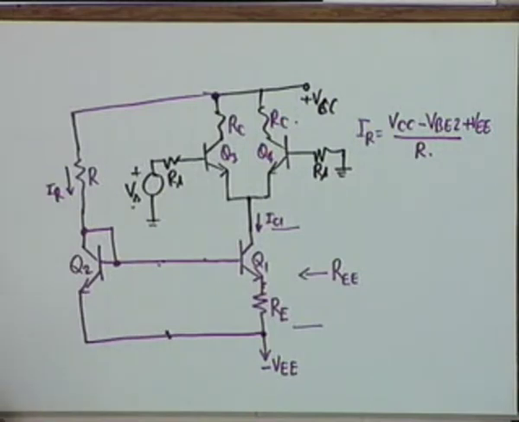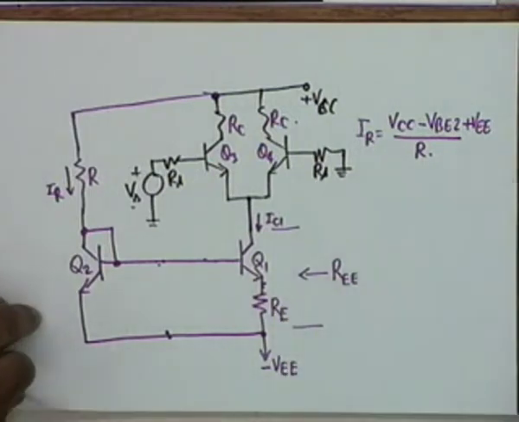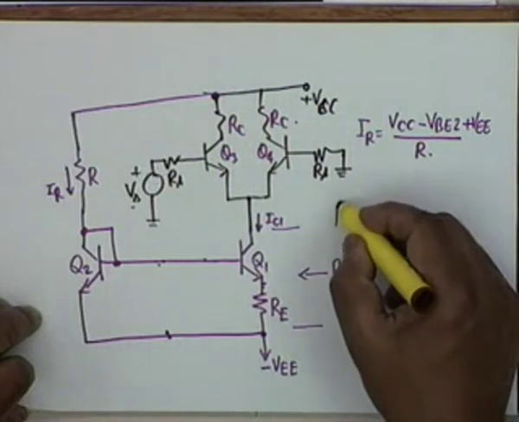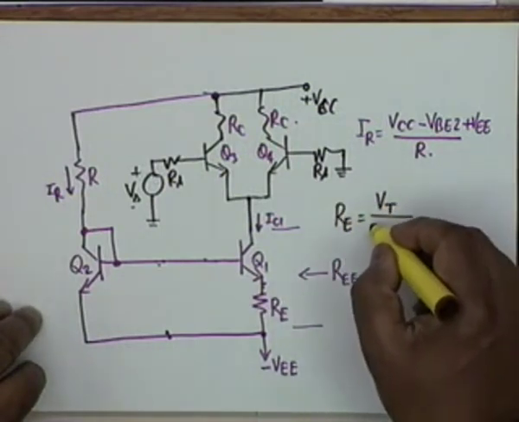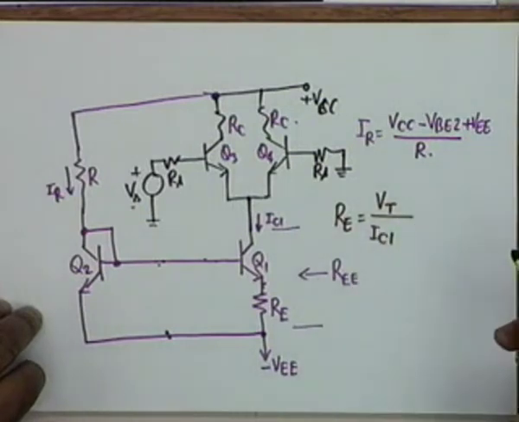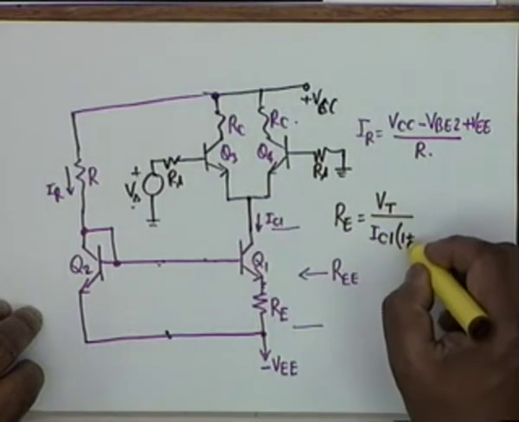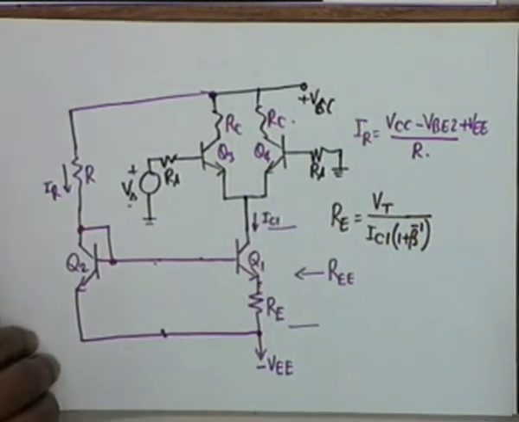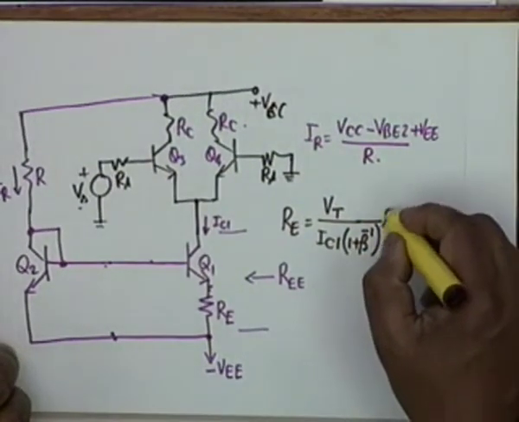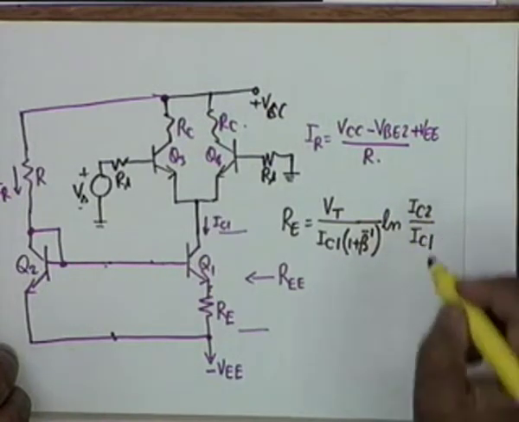Now the equation that gives RE, the required value of the resistance, is the following. This is simply recalling. It is VT divided by IC1, the desired IC1, multiplied by 1 plus beta inverse, which you can replace by 1, times log of IC2 divided by IC1.